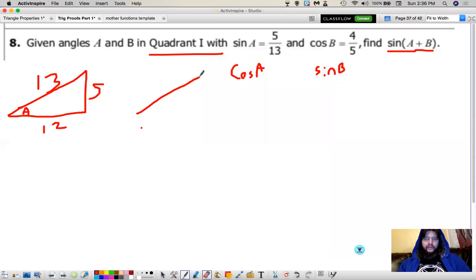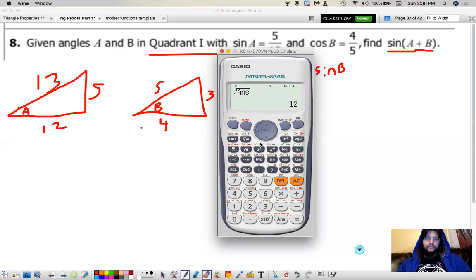So triangle for B now. Cosine 4/5, 3, 4, 5. So again, if you don't believe me, the theorem will work. So now we have our two triangles.